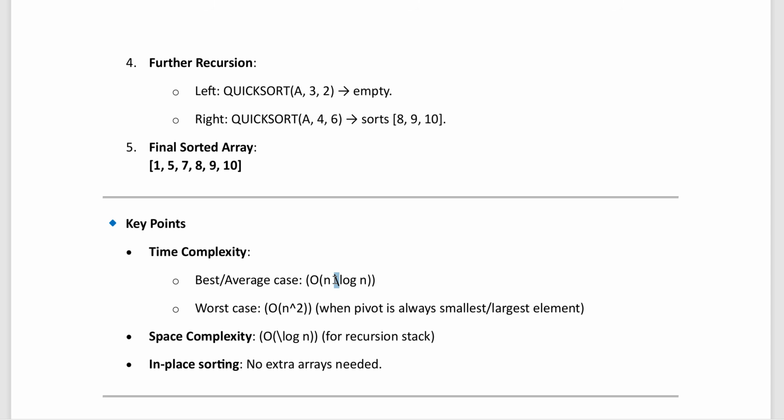This is not division, it is wrongly written. You have to remove this backslash. The time complexity of quicksort in best and average case will be big O of n log n only, right? Again there is a mistake; you do not need to consider this backward slash. The space complexity of quicksort is big O of log n only, right?